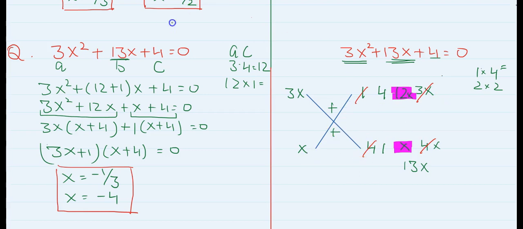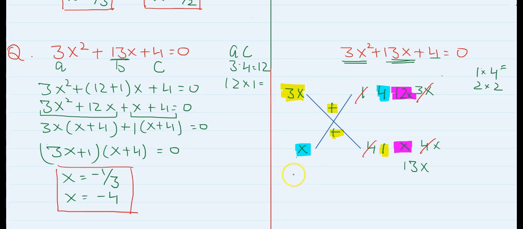So now what we have here, we have x here and 4 here, and we have 3x here and 1 here, and both signs are positive.